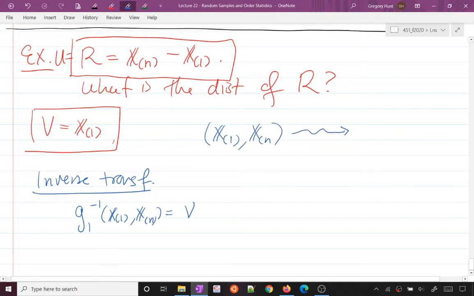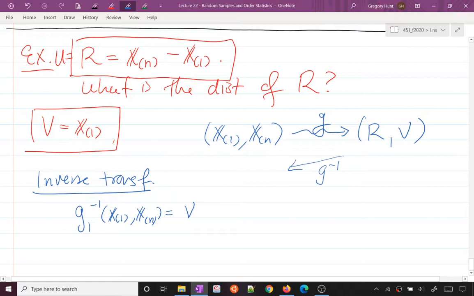I transform under some function g to R and V, two new random variables. So x1 and xn go to R. If I want the inverse transformation to go back, I want g inverse. So I'm going to get the component functions of g inverse, which goes this way.